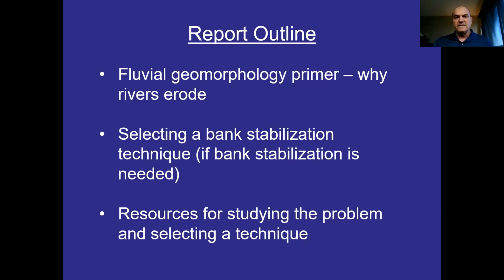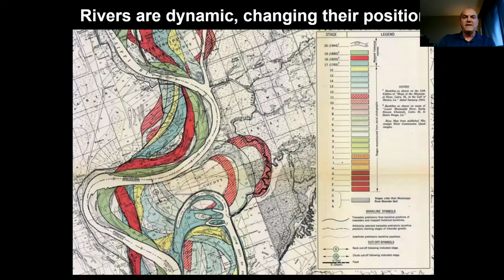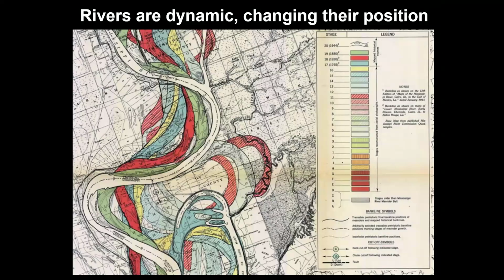So basically, the talk today follows this outline. I'll start with a fluvial geomorphology primer and start with the statement that rivers are dynamic. They are changing their positions constantly in most cases.